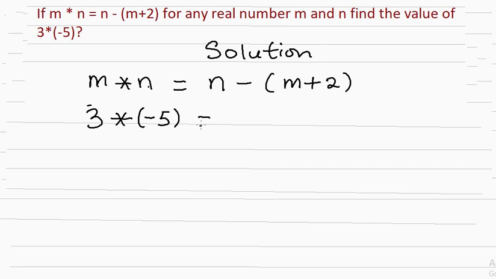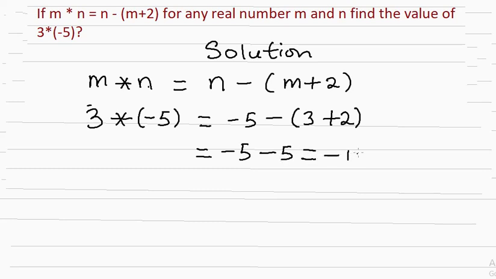This is going to be equal to −5 times the bracket 3 plus 2. Of course, 3 plus 2 is 5, so that's −5 times 5, which gives −25... as recorded, the speaker says minus 10.